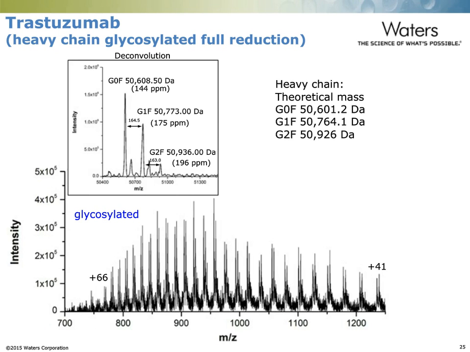You can see that we have a vast array of different charge states for that heavy chain, which is roughly 50 kilodaltons, as well as the deconvoluted spectrum on the top, where we can easily see the glycoprofile for the heavy chain. The point being that the limitations of using the QDA are not related to the size of the molecule, but more to the ability of that molecule to adopt multiply charged species, which would fit within the QDA mass range.